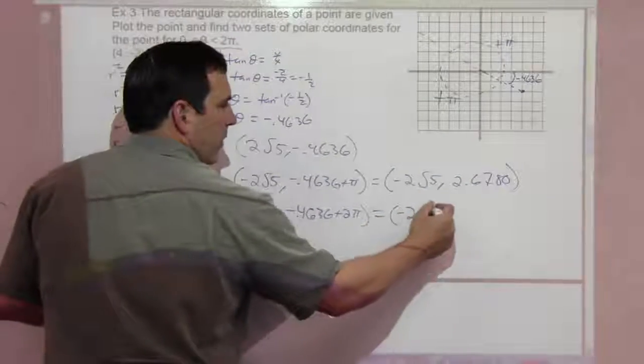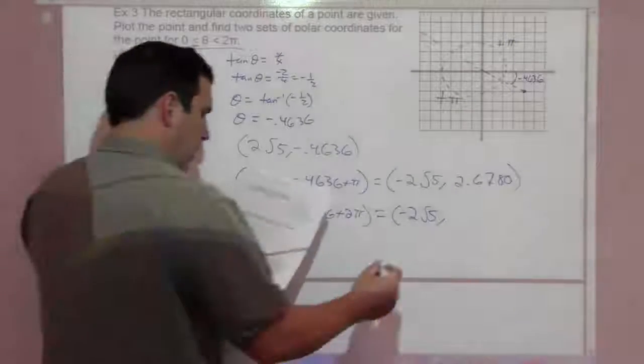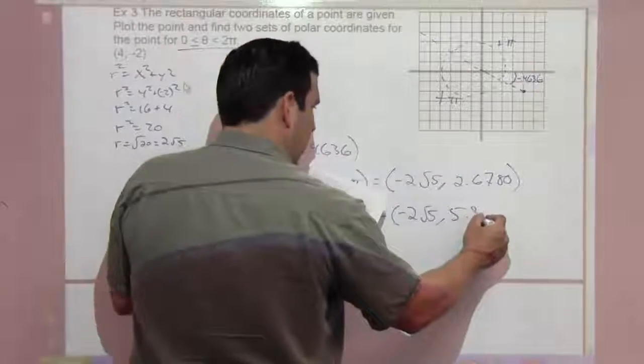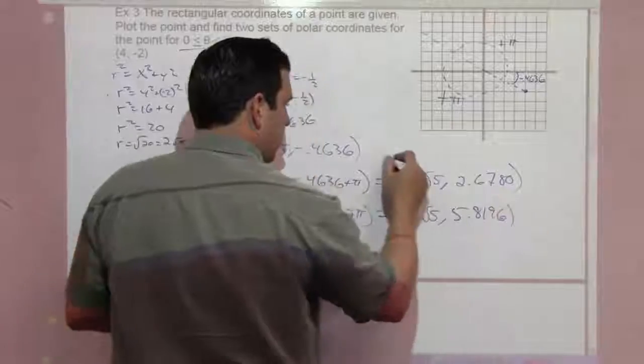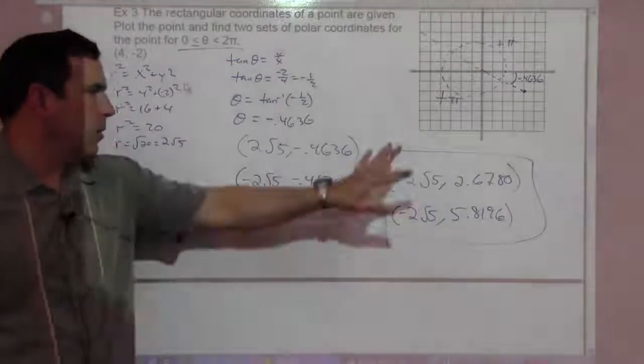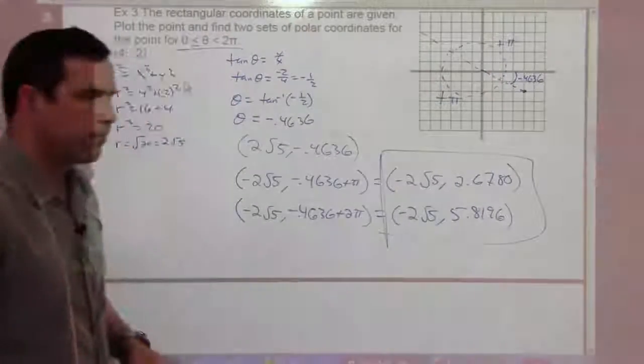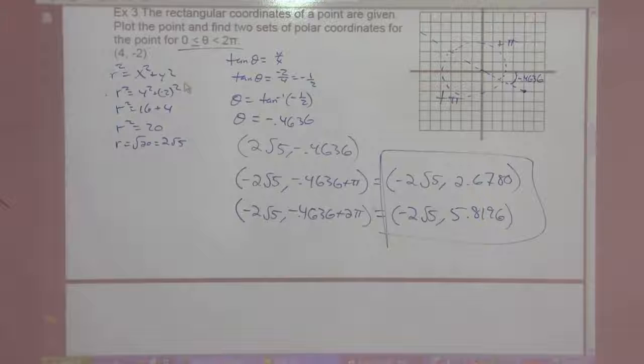And that's negative 2 root 5 comma 5.8196. So these are the two polar locations for this, with theta being between 0 and 2 pi. Feel free to pause that.